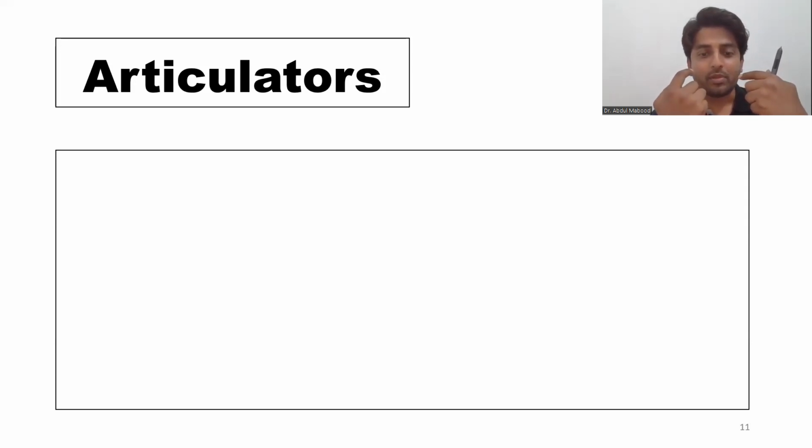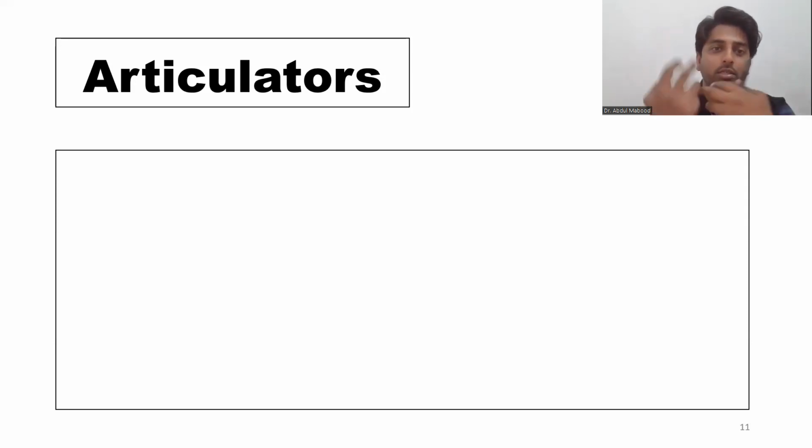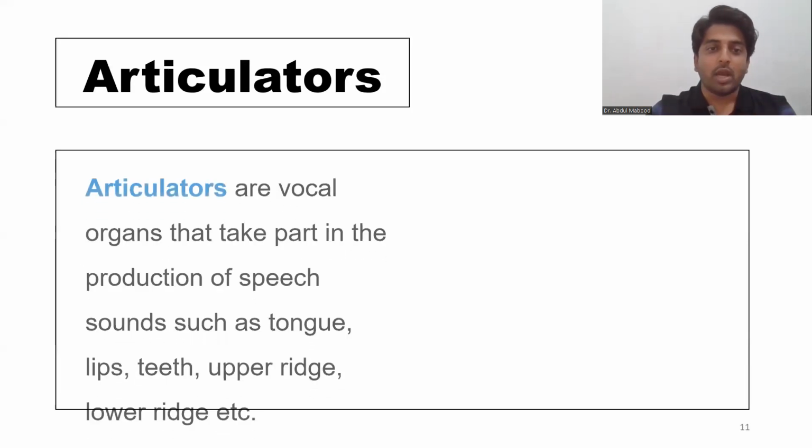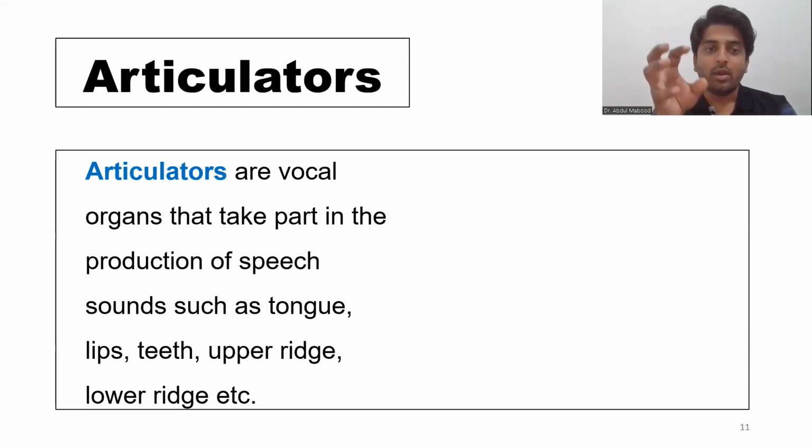If I say ka, the back sides of our palate and of our tongue touch each other, and the sound ka comes. Those parts are called articulators. They are the vocal organs, and there are many.